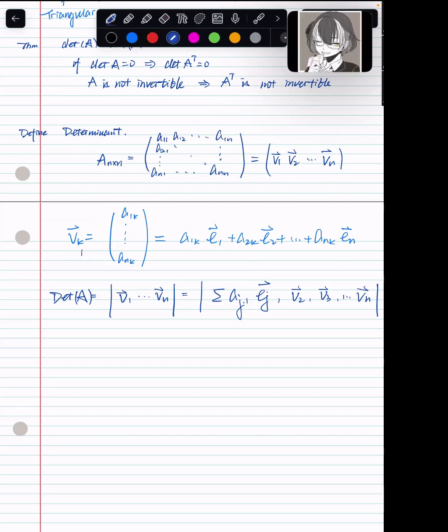Yes, but that's the kth column. Right now we are doing the first column. So this k is 1 in this case. So J in this case is from 1 to N.